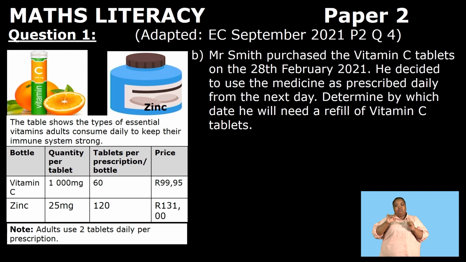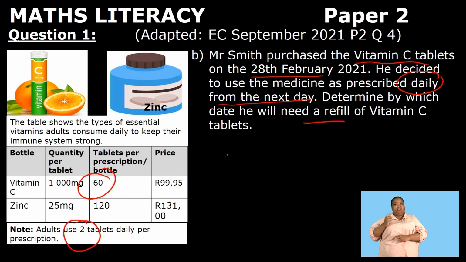Mr. Smith purchased the vitamin C tablets on the 28th of February, and he decided to use the medication as prescribed daily from the next day. Determine by which date you will need a refill of the vitamin C. Now remember, guys, we have got 60 tablets per bottle, and we're taking 2 tablets a day.